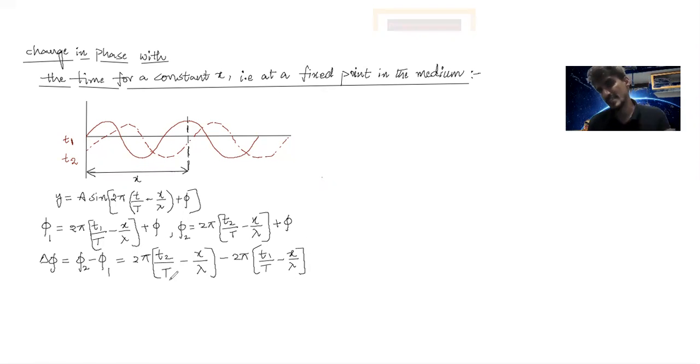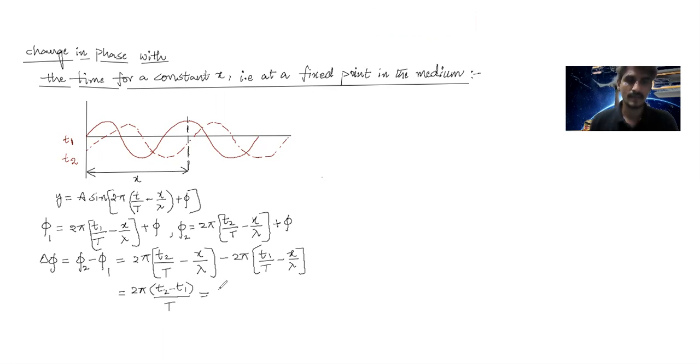Phi 2 minus phi 1, change in phase we are calculating, right? Therefore, minus of minus x by lambda gives plus x by lambda, so x by lambda gets cancelled. That's why we need not write that. So 2 pi into t2 minus t1 by capital T.